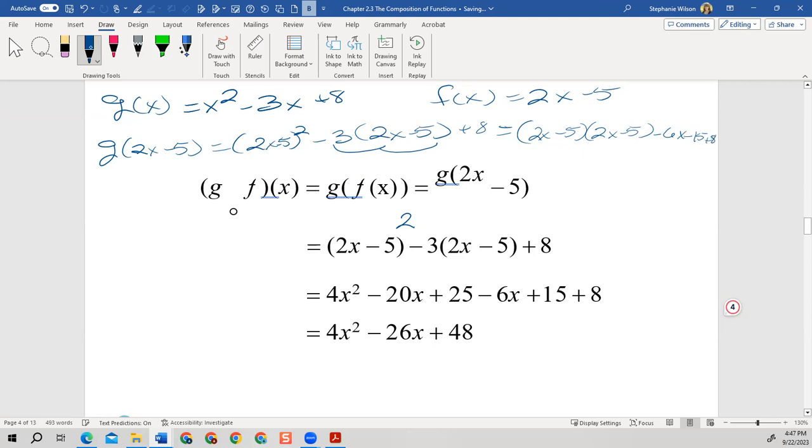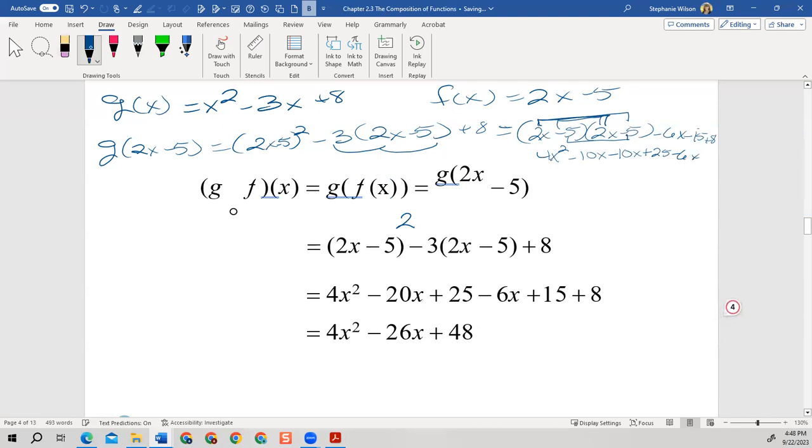Okay, now let's do this. +2x times +2x is 4x squared. +2x times -5 is -10x. -5 times +2x is -10x. -5 times -5 is a +25, minus 6x.